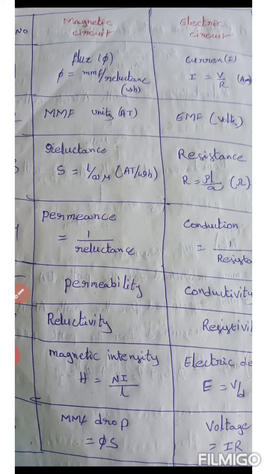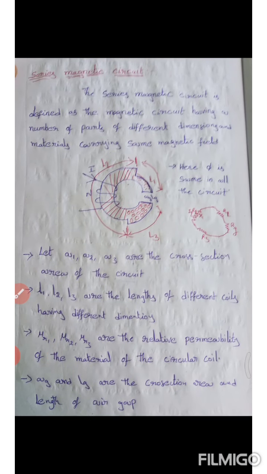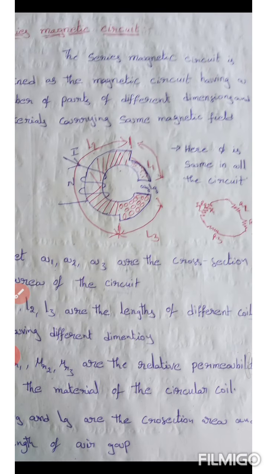Now let us see the series magnetic circuit. So what is the series magnetic circuit? If you take the electrical circuit, if there is no division of current in the given circuit, it is considered a series circuit.